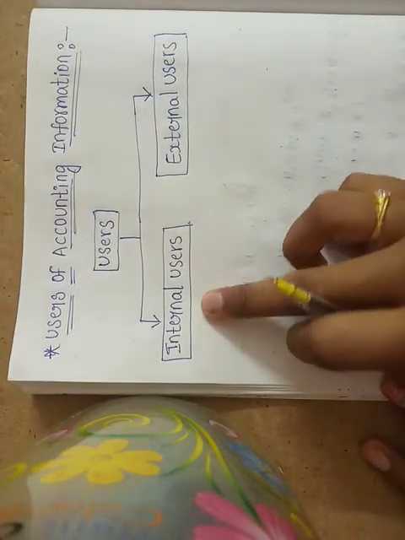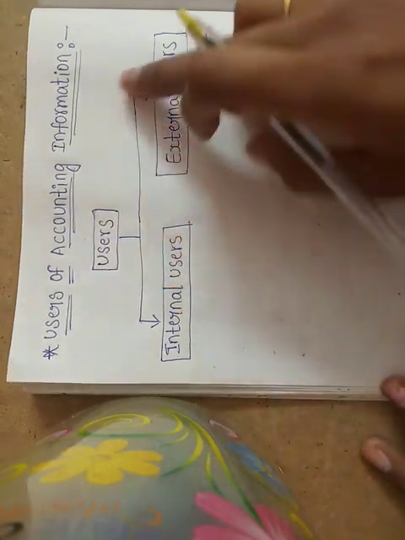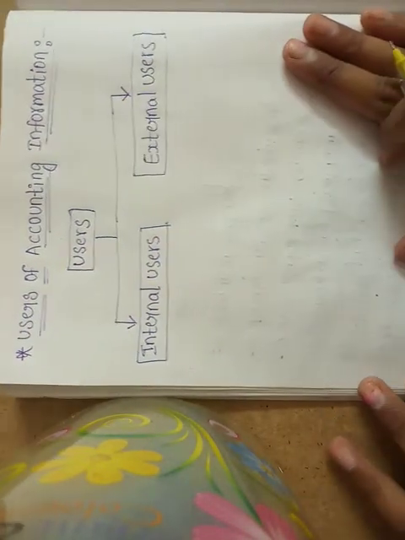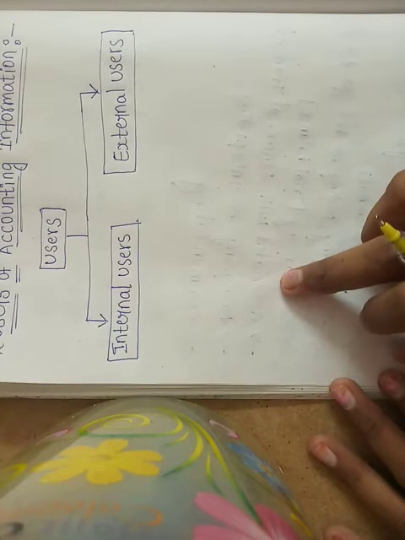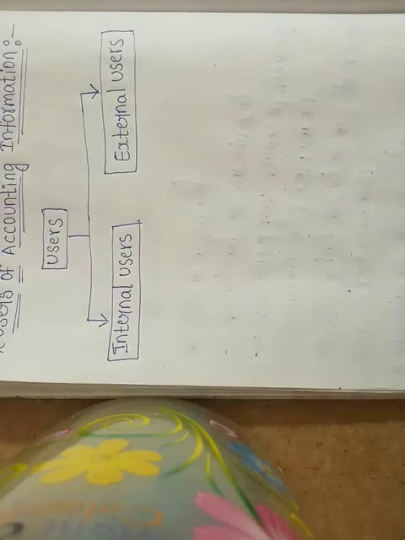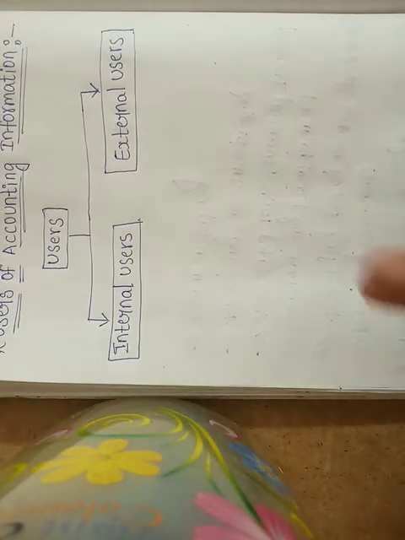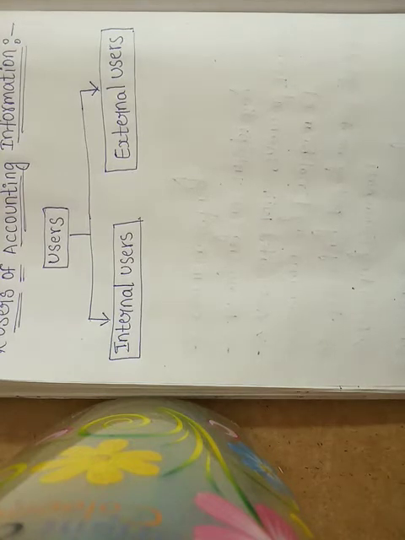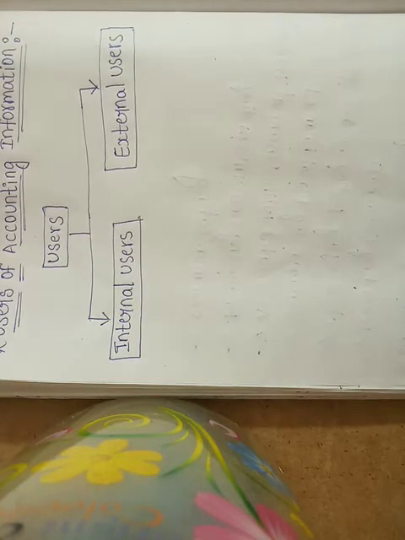What are they? One is internal users and the second one is external users. Under internal users, internal means what? Within the company, internally, within the organization, within the business.